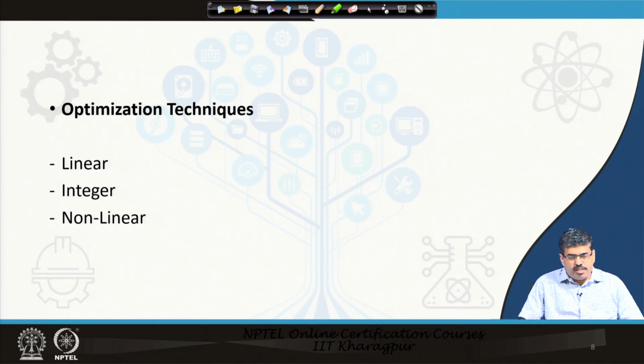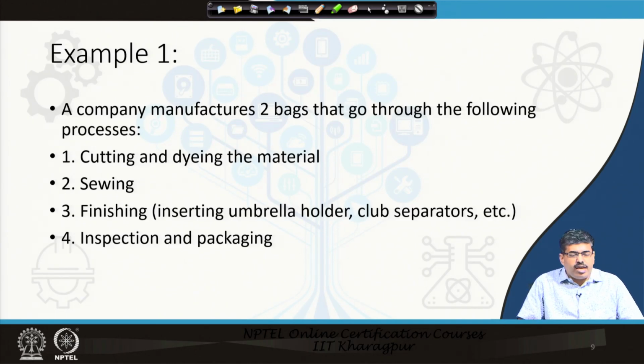So, let us see what that means. A company manufactures two types of bags that go through the following processes: cutting and dyeing the material, sieving, finishing, inserting the umbrella holder and club separators, and inspection and packaging.